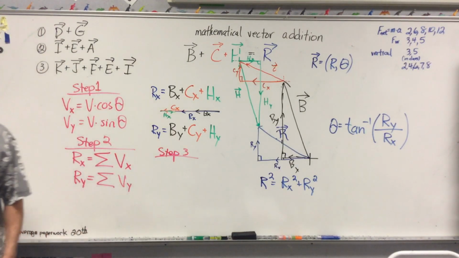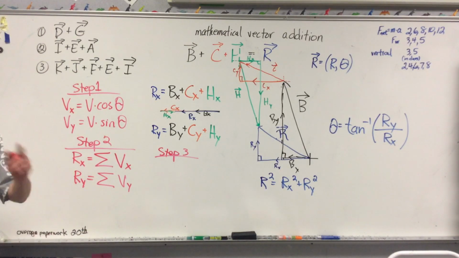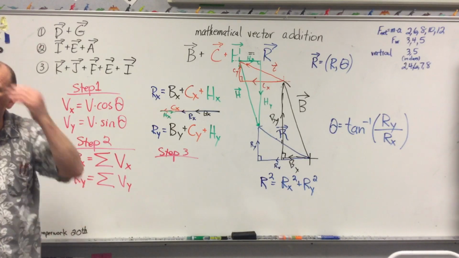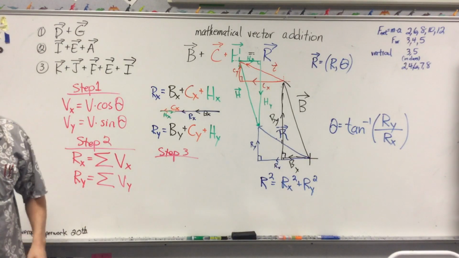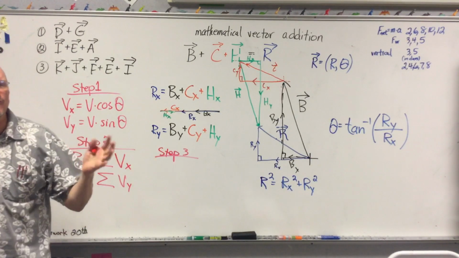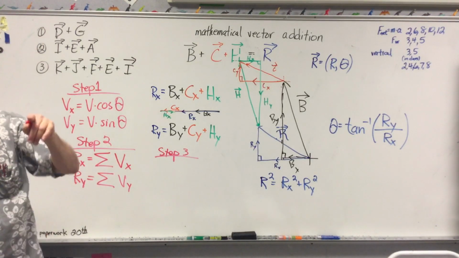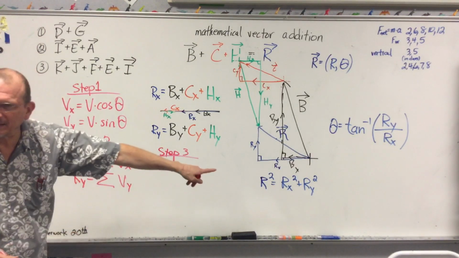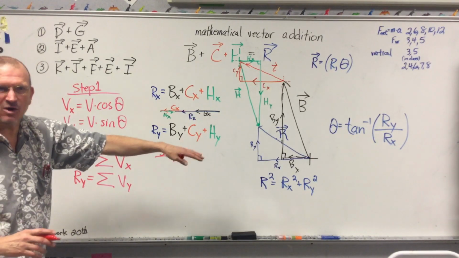What was step 3? The Pythagorean theorem, because what did that give us about our vector? The hypotenuse, which is what part of our vector? The magnitude of our vector. Now, I'm not going to write it that way because all we want is r.